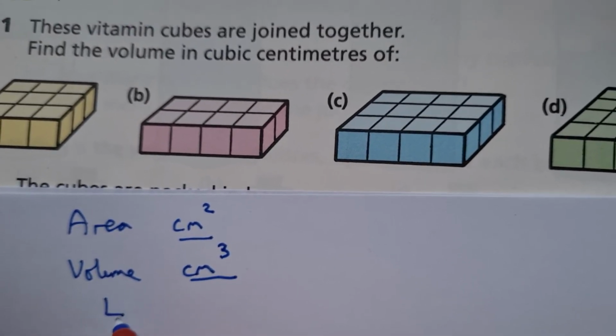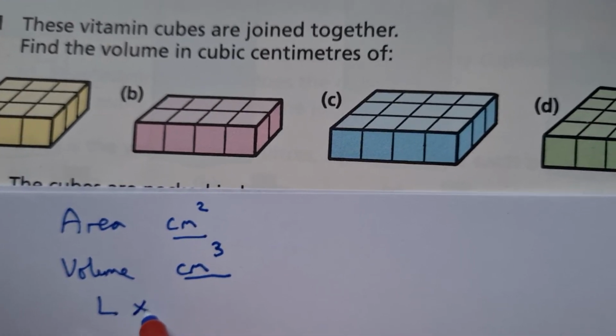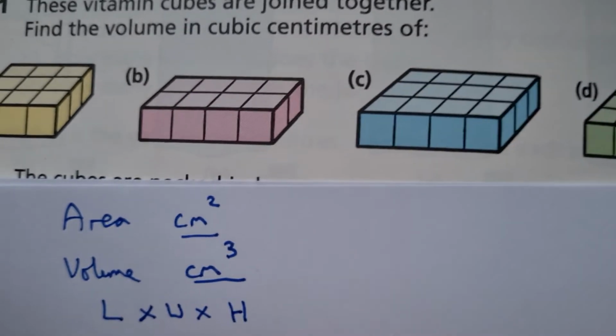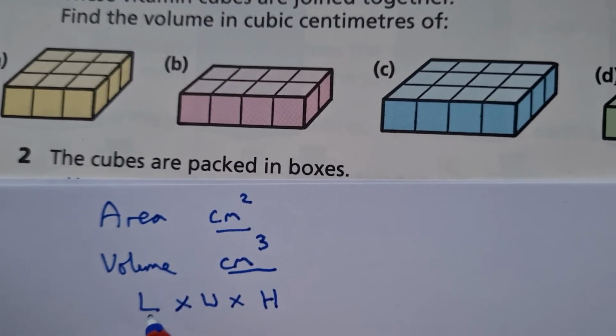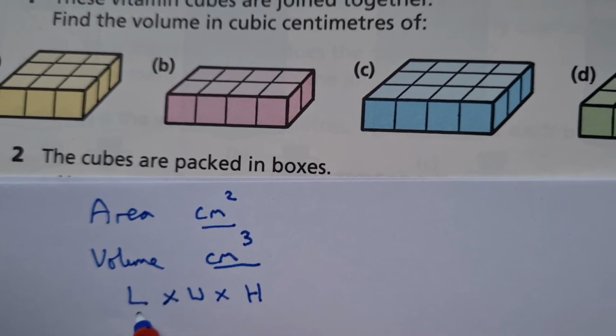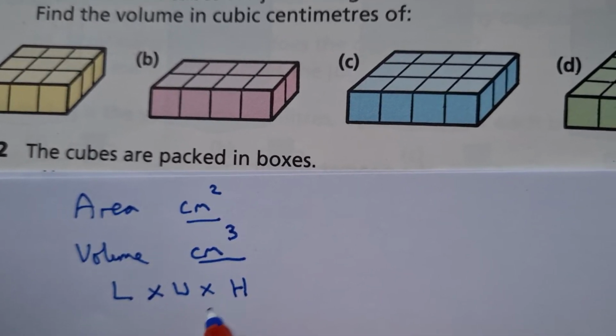So I'm just going to write that down to show you: a length and a width and a height. Now you'll remember when we did area, it was length times the width. Well, to find volume, we do the length times the width times the height.